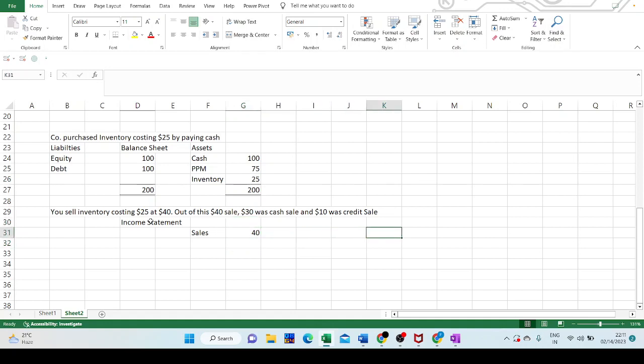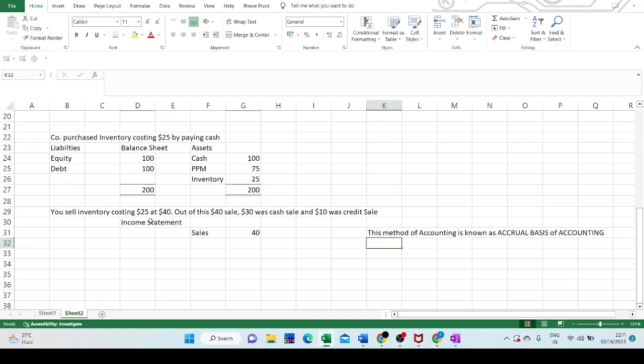Now this method of accounting is known as accrual basis of accounting. Please write this down. And what does the accrual basis of accounting tell you?